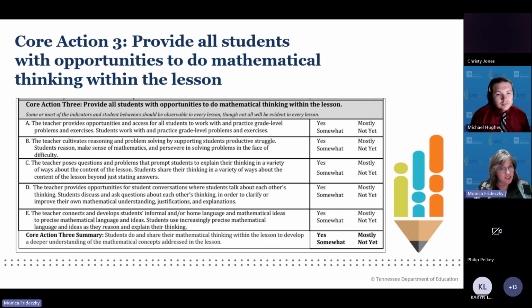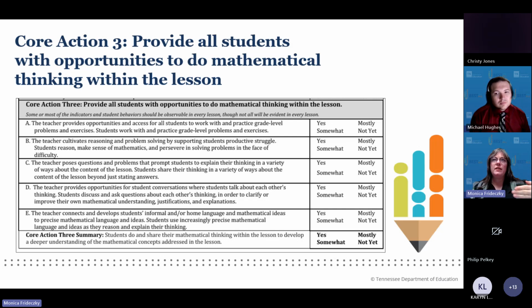So the discussion in their class needs to go beyond just stating answers. That kind of rapid exchange of what's the answer? Yes, now move on. That's not the kind of discourse. I mean, there's a place for that, but that's not mathematical discourse. That's performance. That's give me the answer. Thank you. I'm moving on.